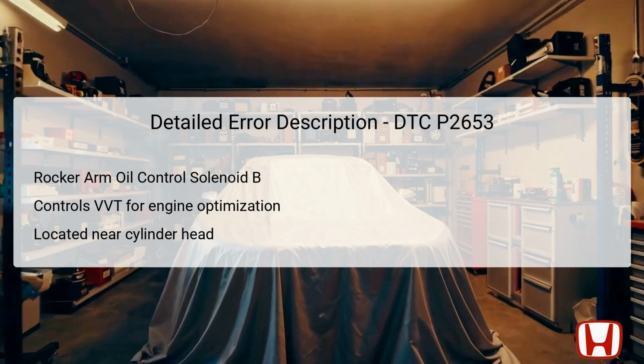In particular, this solenoid allows for the toggling of valve lift, which is crucial for power delivery and fuel efficiency. A low-voltage circuit associated with this solenoid can lead to poor engine performance, as it may fail to operate correctly under varying loads. Furthermore, continued operation with this code could trigger further engine issues due to inadequate oil control.